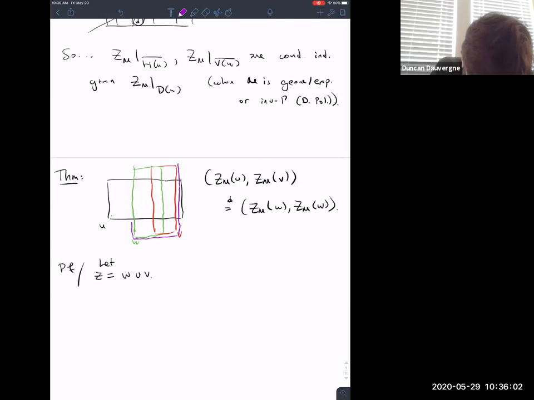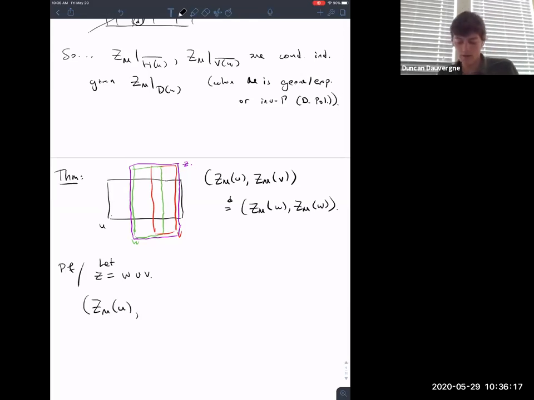This is my Z. So then if I look at Zm of U, I can see that Zm of U only depends on the last passage values for W and Z, say, or for W and V, say, by what's happening in the box Z. And in particular, because I'm going to be optimizing over paths that look like this, they always go from the left to the right across Z.